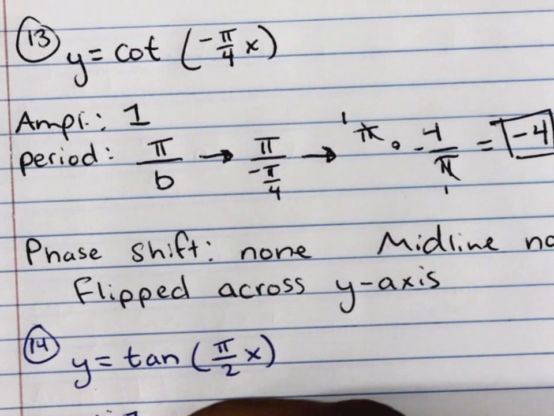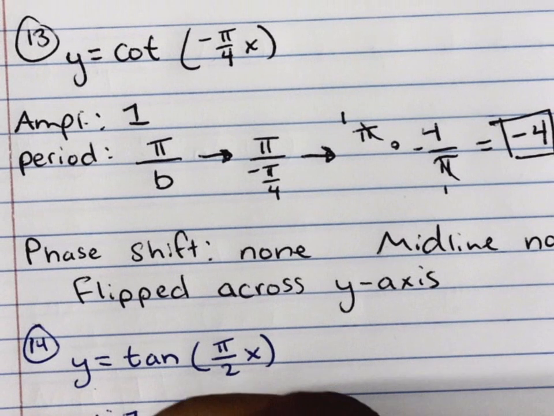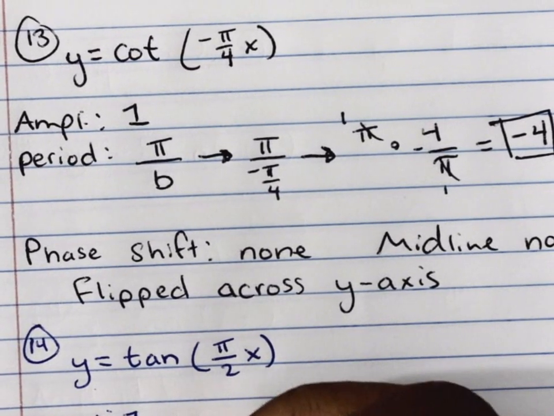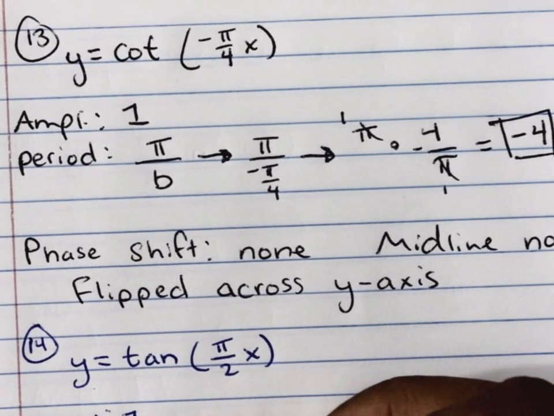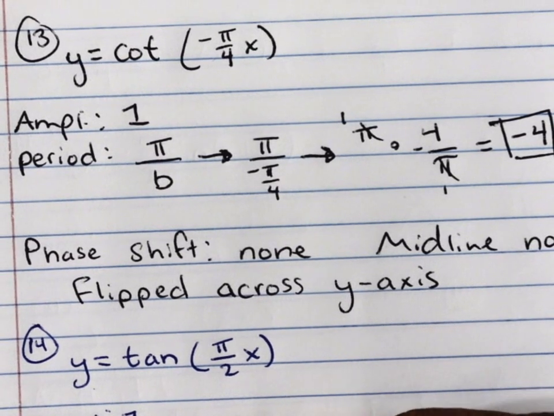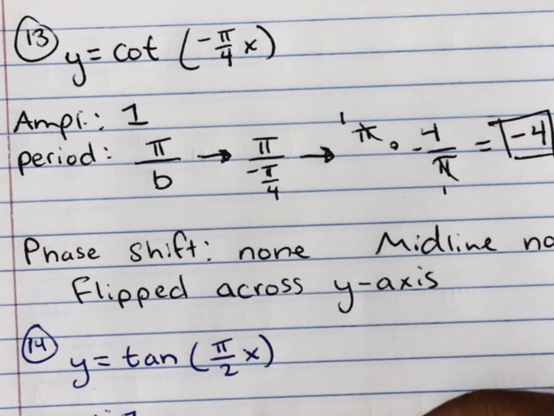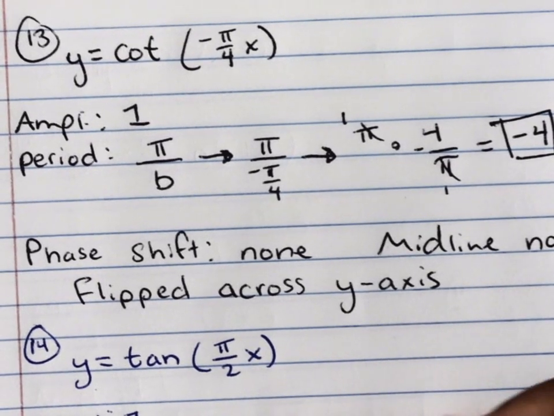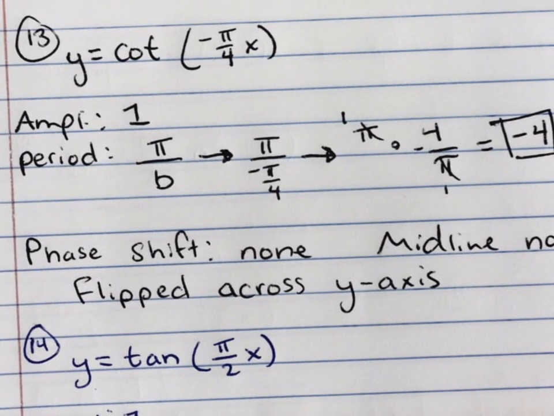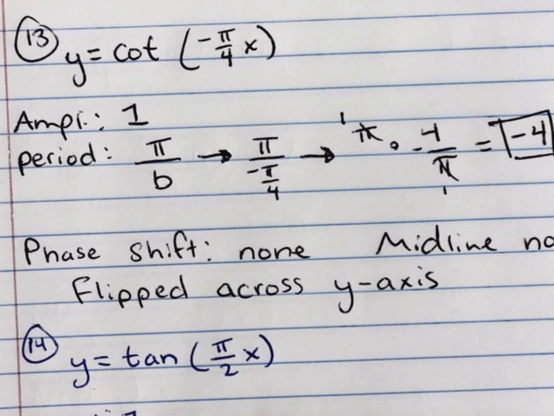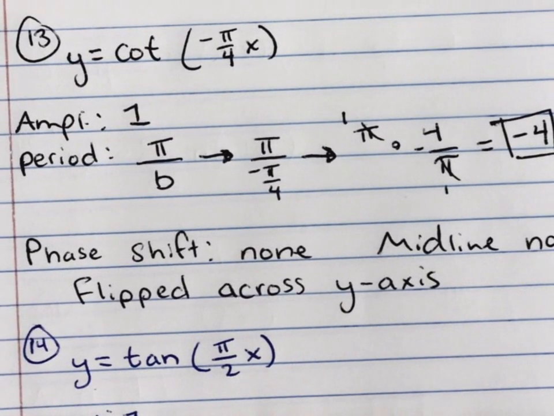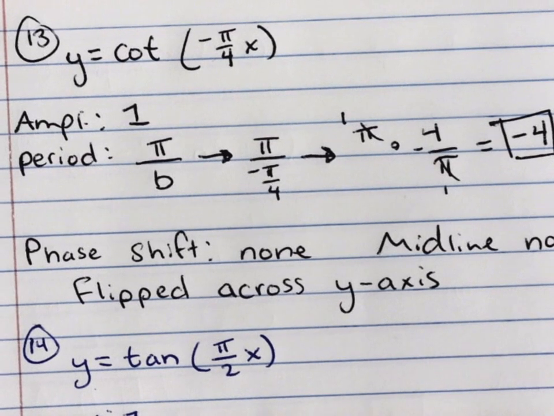Period of tangent is, and I spelled period wrong, but the period of tangent is pi, so it'll be pi over b, which is pi over, sorry, I was already flipping it, pi over 2. So I keep pi, I multiply by 2 over pi, the pi's cancel, and I get a period of 2. Phase shift, none. The midline shift, also none.